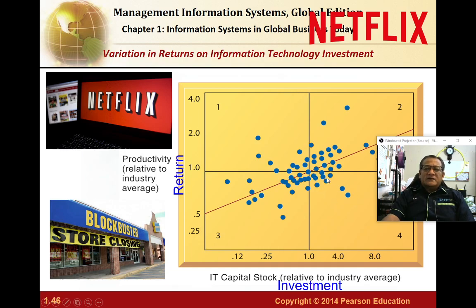Of course, the best part is companies that invest low but get high return, for example this one, but not many companies achieve that. You can see from the dots like this that one dot means a sample from one company, and respectively on quadrant 2 and so on.